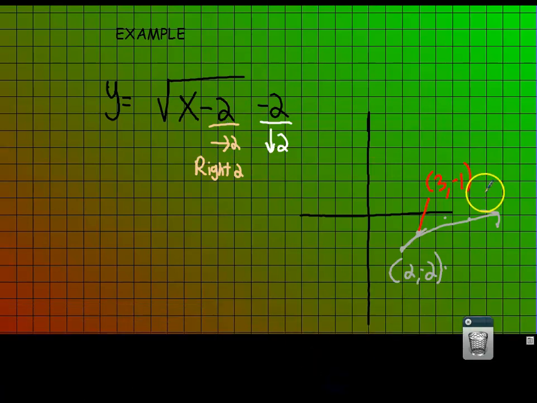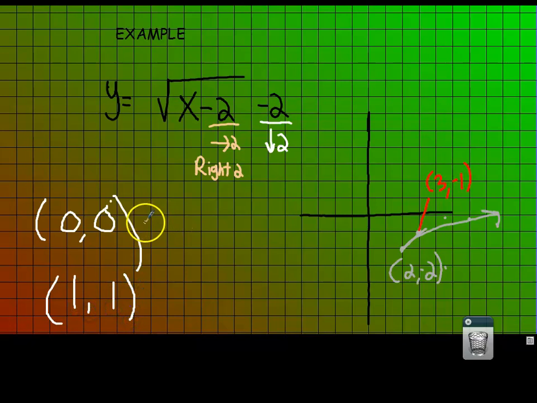Now, where did I get these points from? Remember, I took my original points, which, in case you forgot, are 0, 0, and 1, 1. And I took those points and did the following.